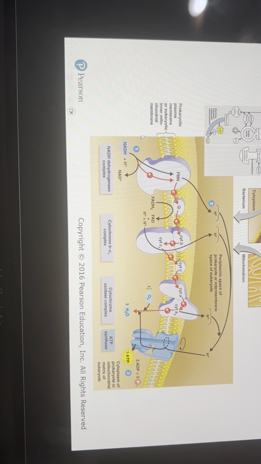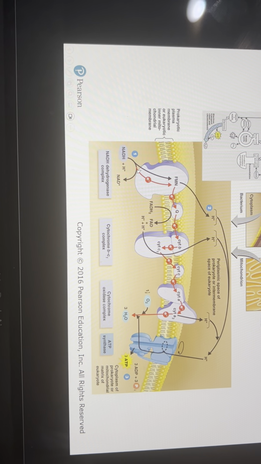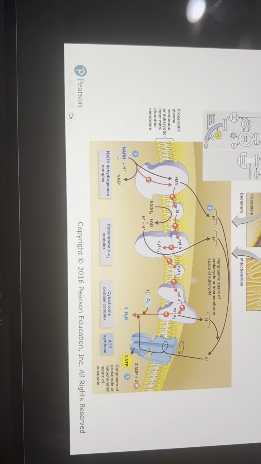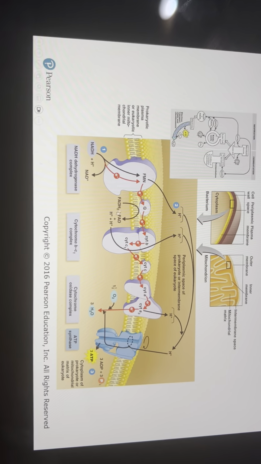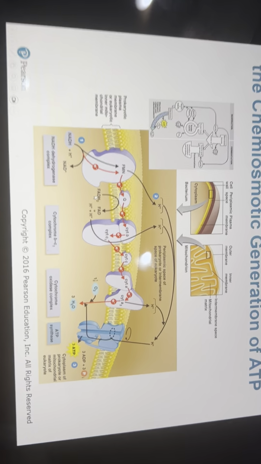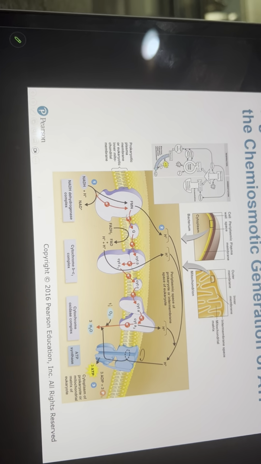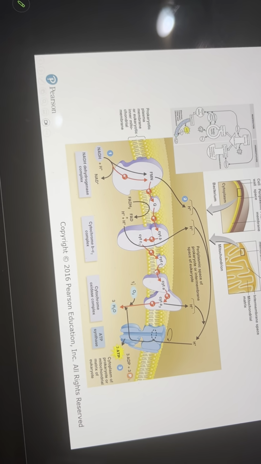So anyway, in the electron transport chain, the first complex will remove an electron and hydrogen from NADH. The second complex will remove H plus and an electron from FADH2. And like I say, movement of electrons is power.